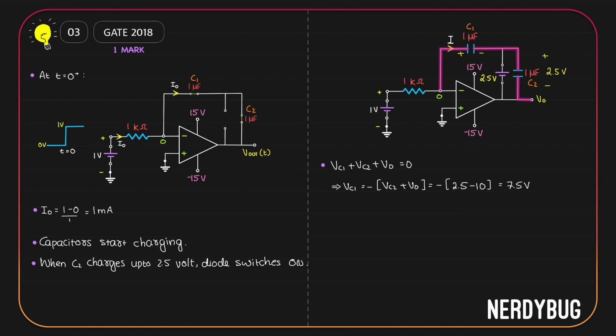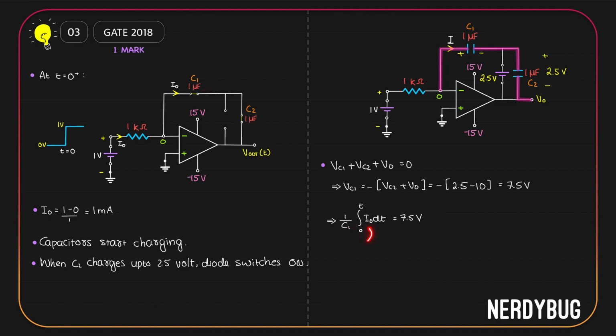We already know the initial value of current through C1, it is I naught. So the potential drop across the capacitor C1 at a time t is given by the expression 1 by C1 integral from 0 to t I naught dt. We have to find the value of t at which this becomes equal to 7.5 volt. We know C1, it is given in the question, it is 1 microfarad.